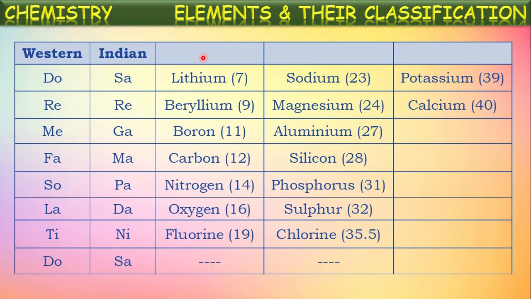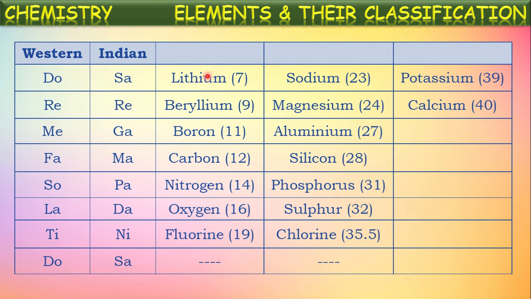For example, for lithium, after writing all the available elements in increasing order of their atomic masses, the eighth element is sodium if you count 1, 2, 3, 4, 5, 6, 7, and 8.